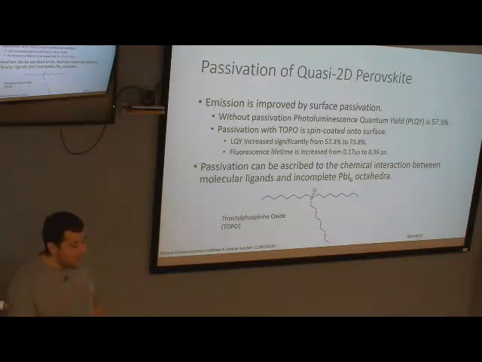Without it, the photoluminescence quantum yield was about 50%. After introducing this, it rose by almost a quarter to nearly 75%. The fluorescence lifetime also increased by double, which is amazing.